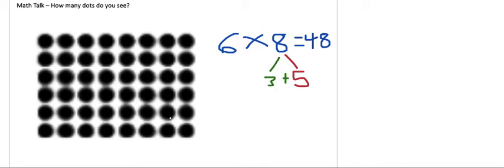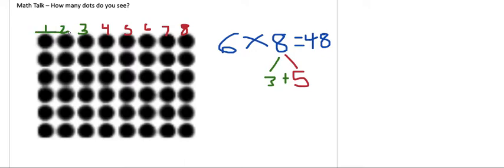So as you notice in the array over here, there were 1, 2, 3, 4, 5, 6, 7, 8 columns. I colored 1, 2, 3 in green because I decomposed 8, which was the columns.